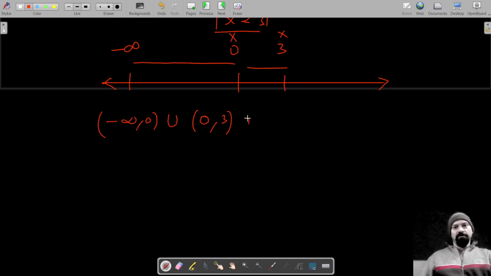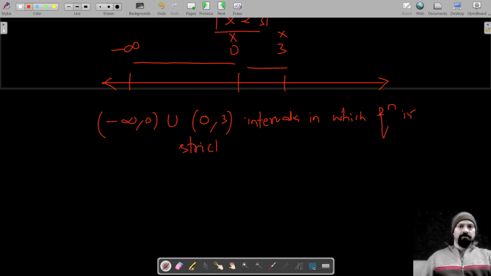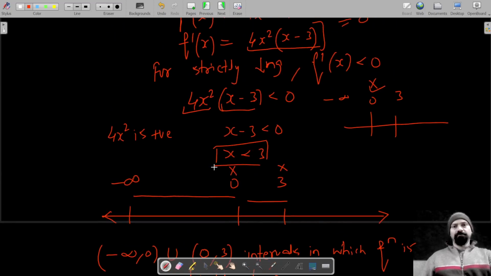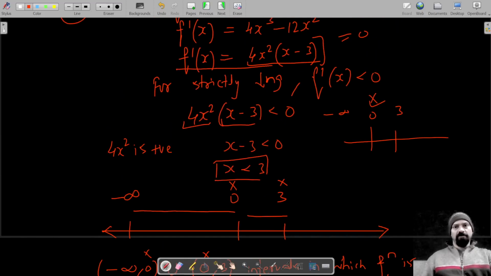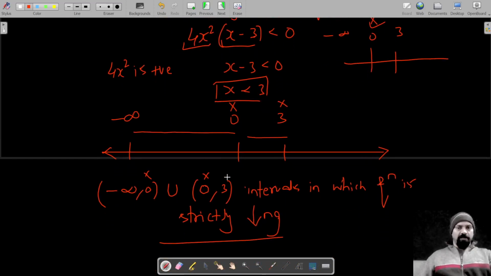So minus infinity to 0 and then 0 to 3. We cannot take 0 because at 0, f dash becomes equal to 0, and we cannot take 3. So these disjoint intervals, negative infinity to 0, then 0 to 3, are the intervals in which the function is strictly decreasing.